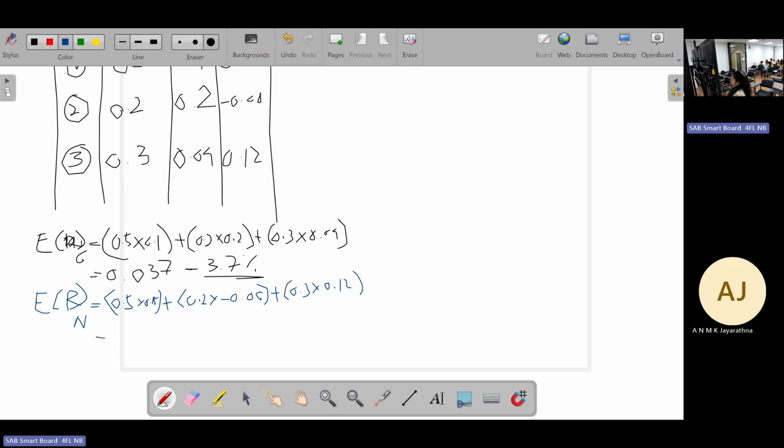The answer is 0.095. That means 9. Hope you have calculated up to this point, and then the answers are correct. Fatima, okay?